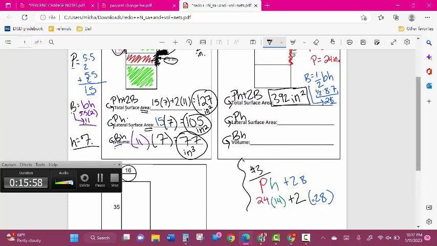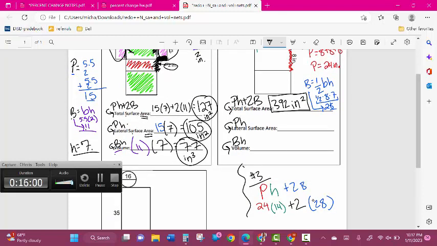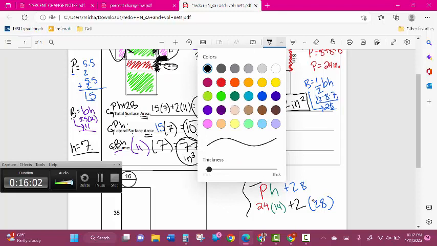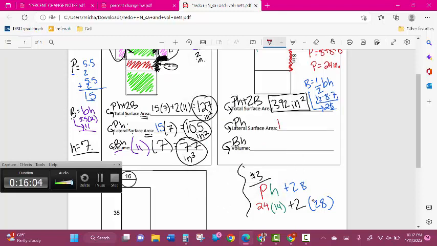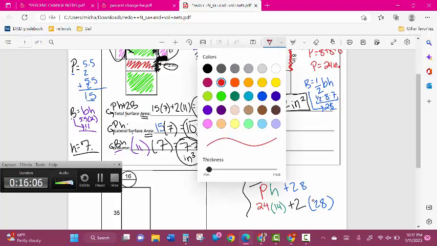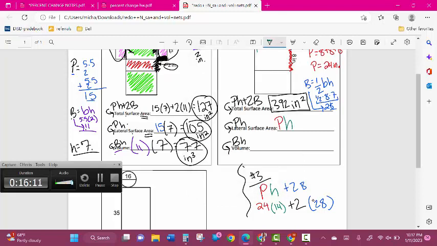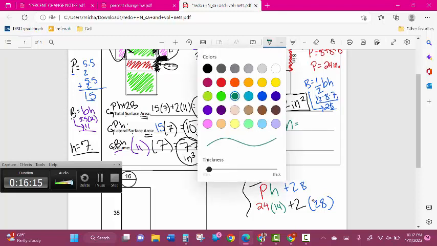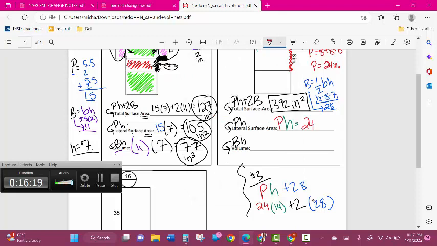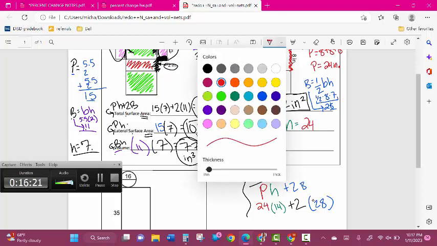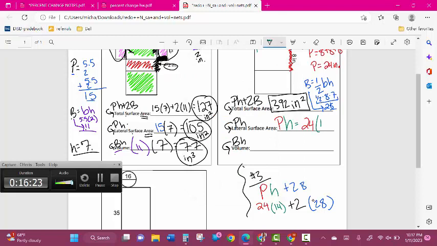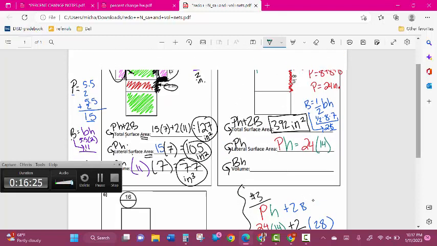Okay, looking at the lateral surface area. Lateral surface area is the formula P times H. That's the perimeter of the base times height of the prism. The perimeter of the base was 24. So we're going to have 24 times the height of the prism, which was 14, right?